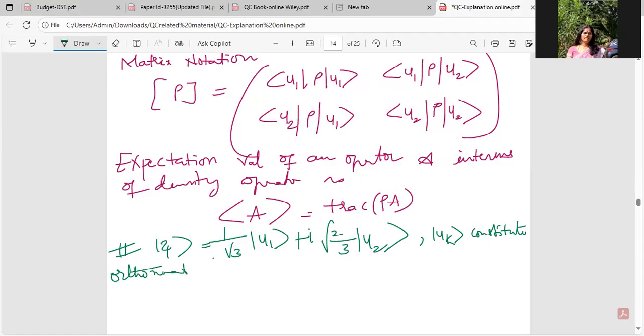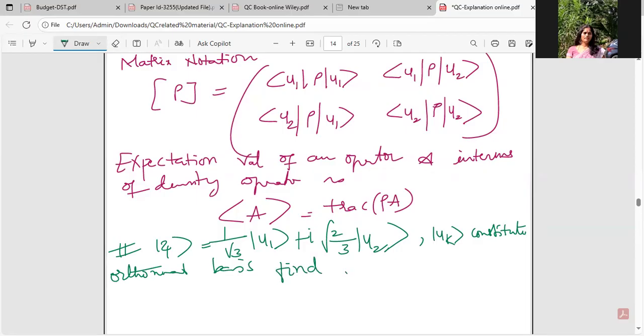Find the density operator rho, and the trace of rho, is the question.